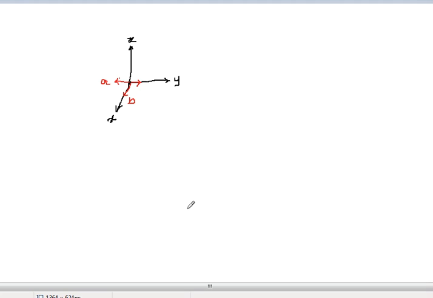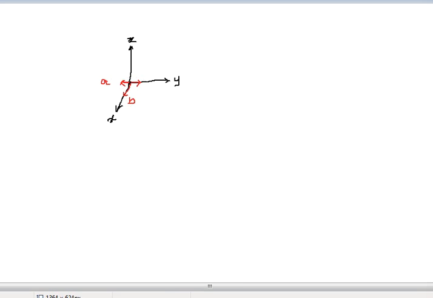As x is 1 and z is 1, we take 1 along x, and z is 1 means we have to move it up. So let's draw in this fashion. Our A is this one, having 1, 0, 1.